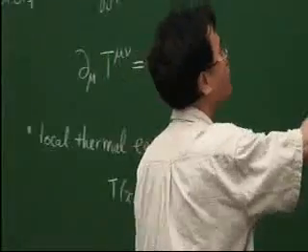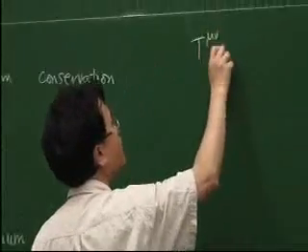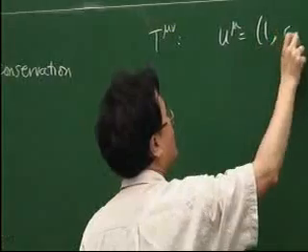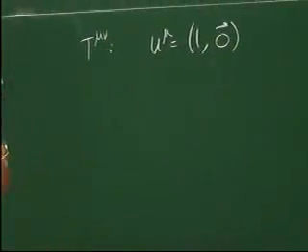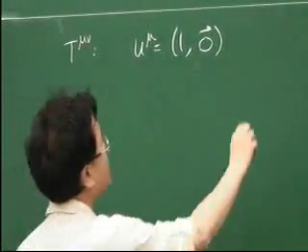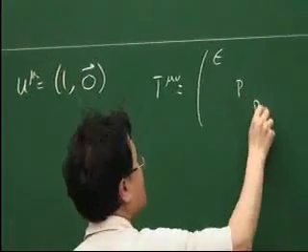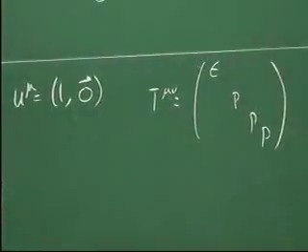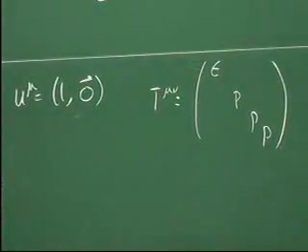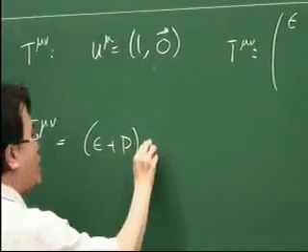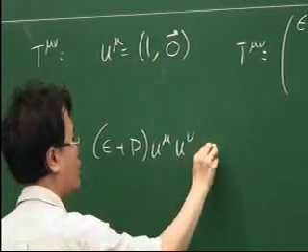So, what is T mu nu? Let's consider the u mu in the rest frame of the fluid, where u mu is equal to (1, 0). This T mu nu is simply diag(epsilon, p, p, p). And we can boost that to write down a formula that could be valid in any frames.